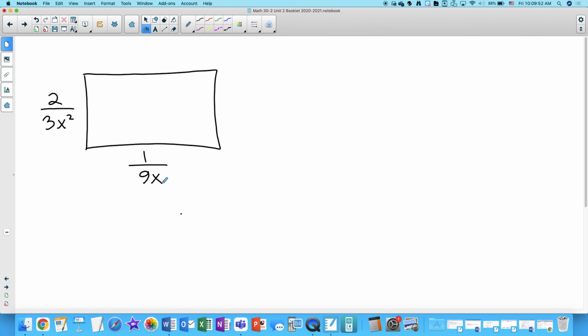It's just side plus side plus side plus side. We add up all the sides. Or you could think of it as 2 widths plus 2 lengths. You need to know that. That's considered pre-knowledge. Perimeter equals 2 length plus 2 width.